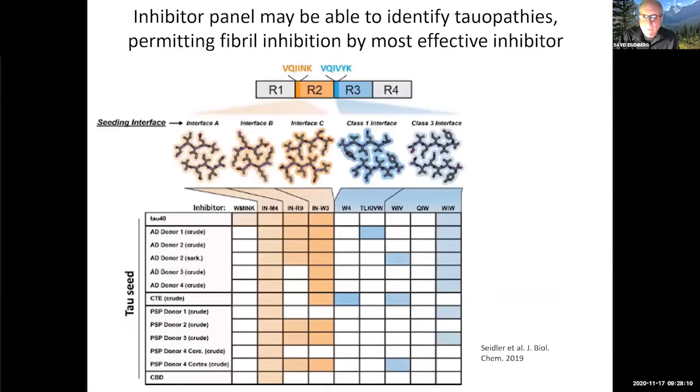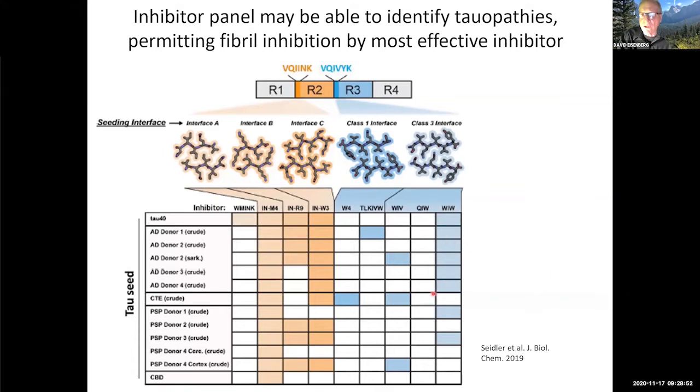Good question. And this is again the profile of the different 9 inhibitors. These 9 inhibitors have been designed on the basis of 5 different segment structures. These segments come from 2 regions of the tau sequence, the beginning of the 2nd and 3rd repeats. What you see here is from different donors, these Alzheimer's donors, the CTE donor, PSP donor, CBD donor, that some of these peptide inhibitors, particularly M4, seem to inhibit almost all of them.